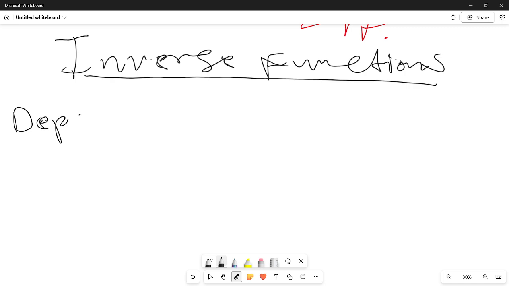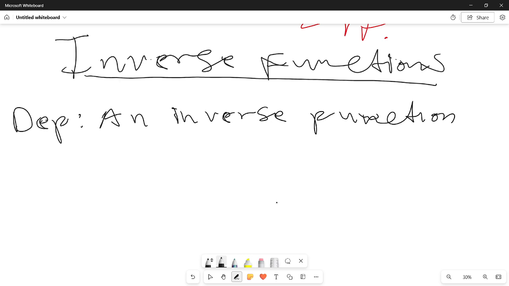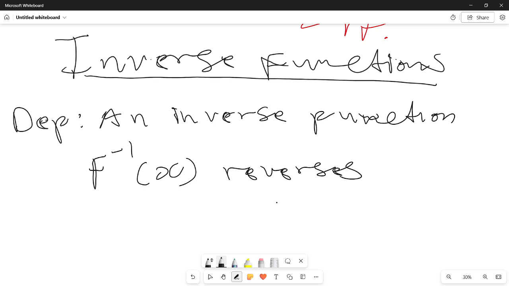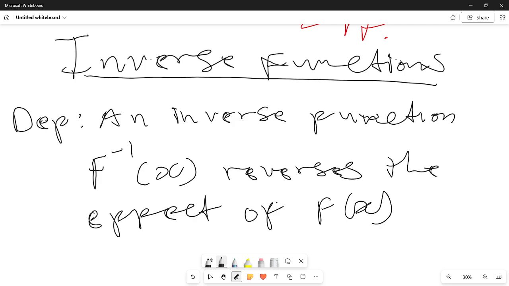An inverse function, f inverse, so that's how we're going to define an inverse function of x, reverses the effect of f of x.